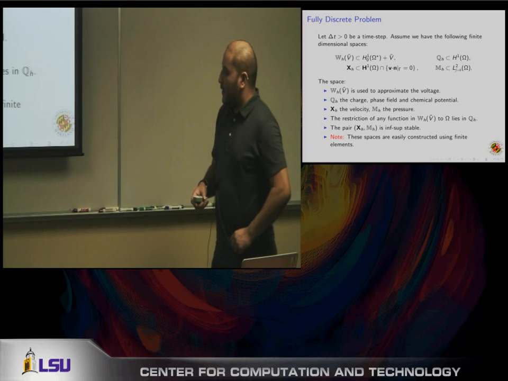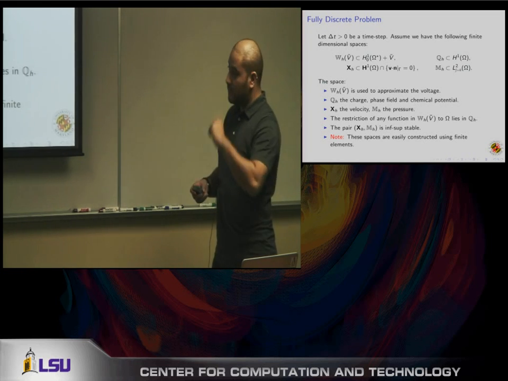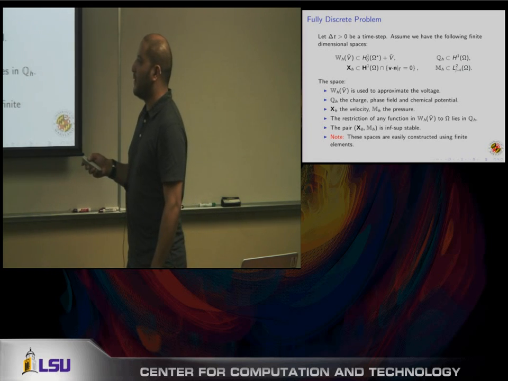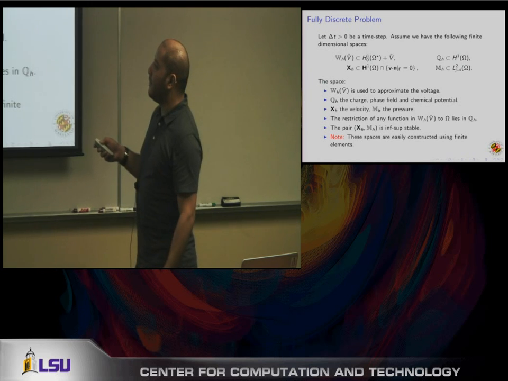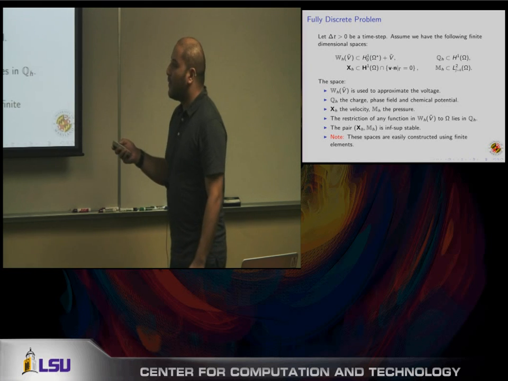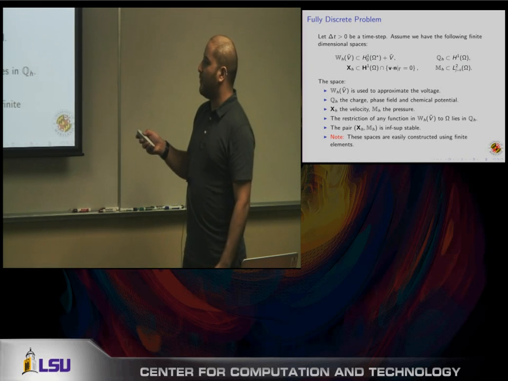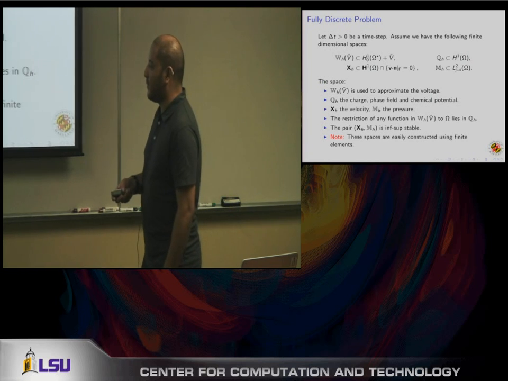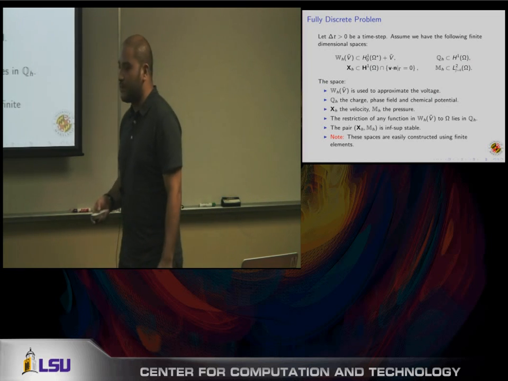And then we have a couple of compatibility conditions for these spaces. The first one is that if you take any function here and restrict it to the fluid domain, then this function has to lie here. And the second one, if you are going to approximate velocity and pressure, then these pairs better satisfy the LBB condition, so they should be inf-sup stable.